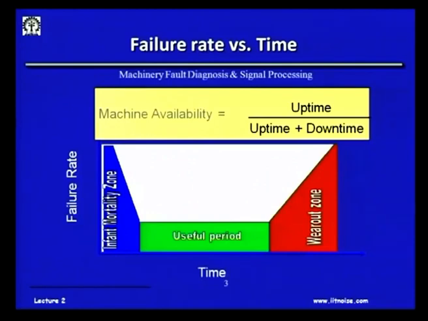So this is a very familiar machine availability curve, and sometimes this is known as the bathtub curve. If you look at this curve, there are two axes here. One is the x axis, which is the time, and then you have the failure rate. There are 3 zones given by this blue, green and the wear out zone.